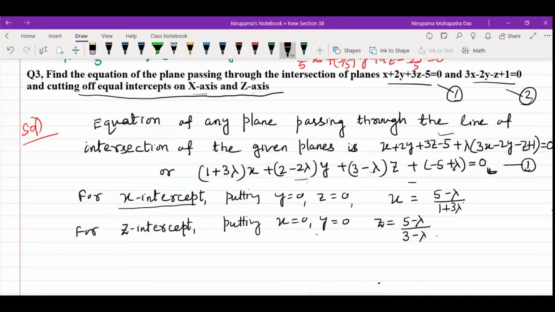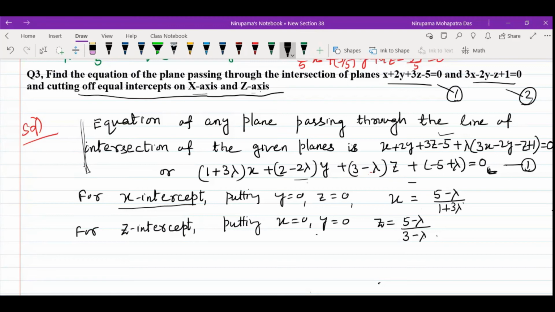These are common steps for any plane passing through the intersection of two given planes. We take x plus 2y plus 3z minus 5 plus lambda times (3x minus 2y minus z plus 1) equal to 0, or we can write (1 plus 3 lambda) into x plus (2 minus 2 lambda) into y plus (3 minus lambda) into z plus (minus 5 plus lambda) equal to 0.